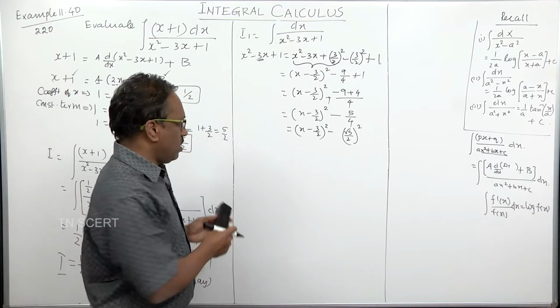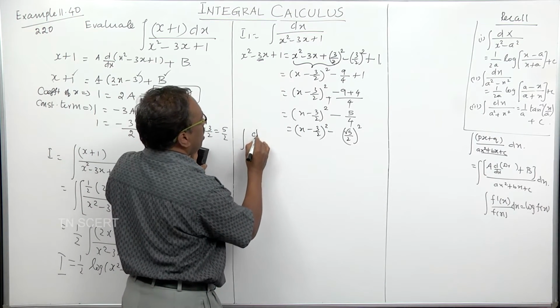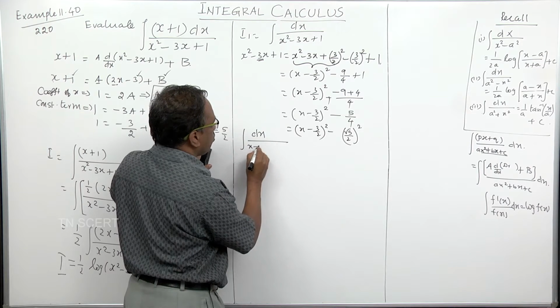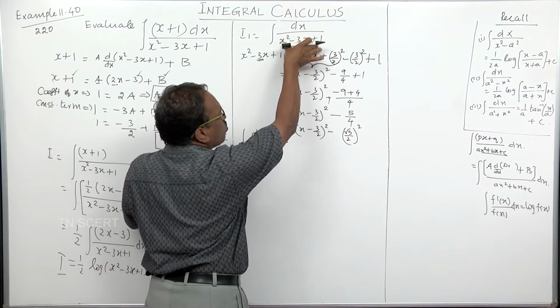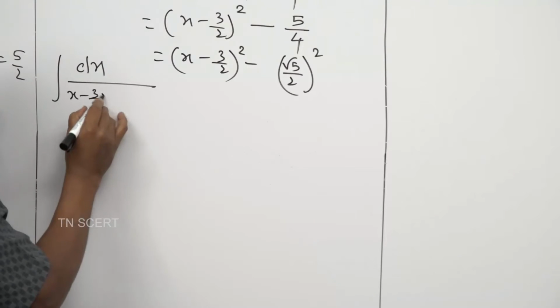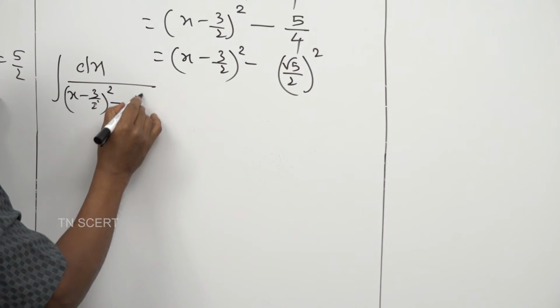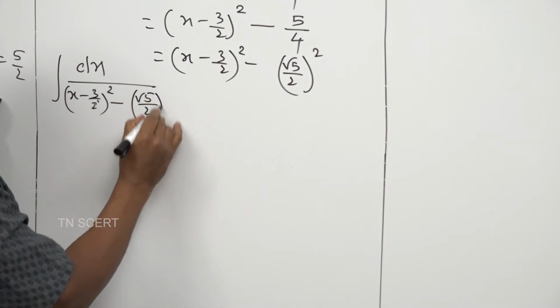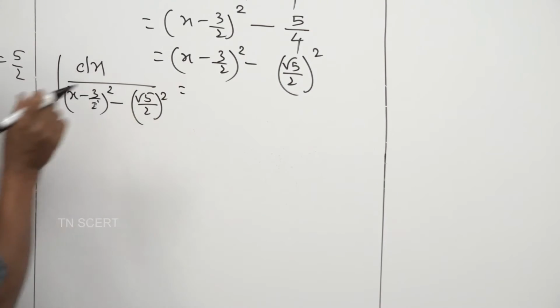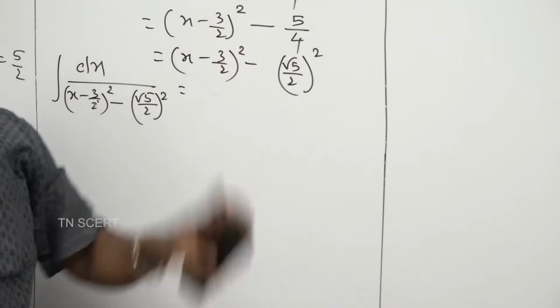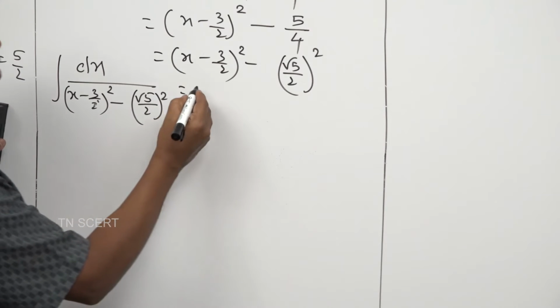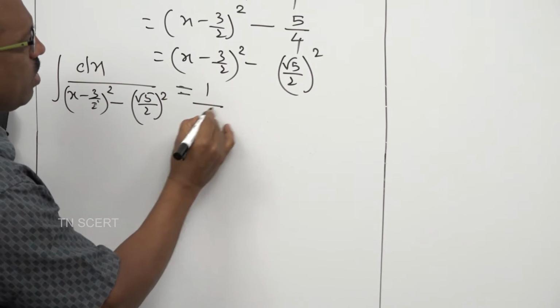Is it clear? Yes. Now, integral dx by (x − 3/2)² − (√5/2)², x² − a². Like this I just made it. So that means it is nothing but 1/2a, remember that.